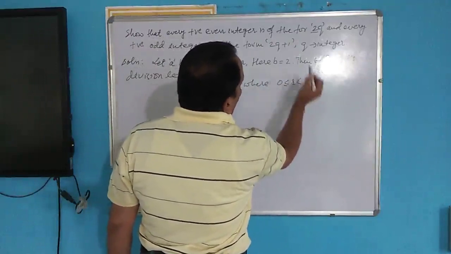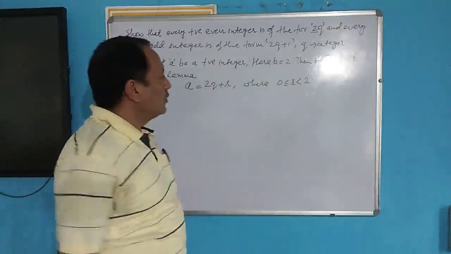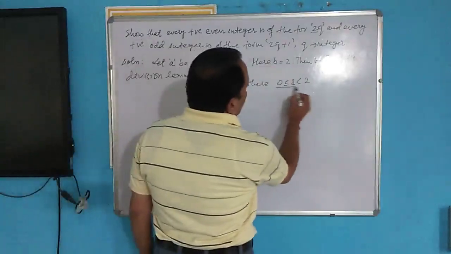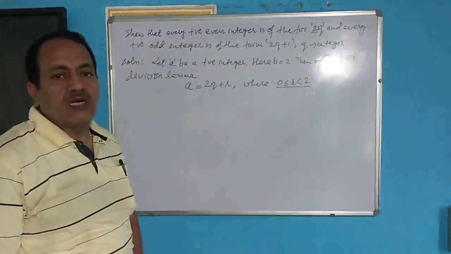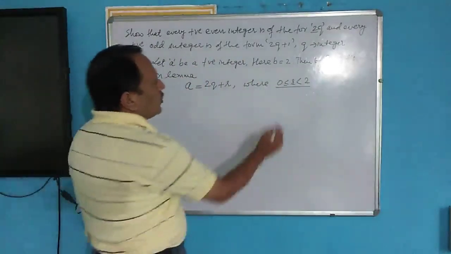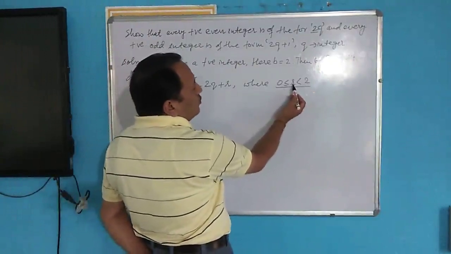We are taking 2 in place of b because here b is equal to 2. So from this condition we can find out the possible values of r for remainder. So r is less than 2 but r is greater than or equal to 0.